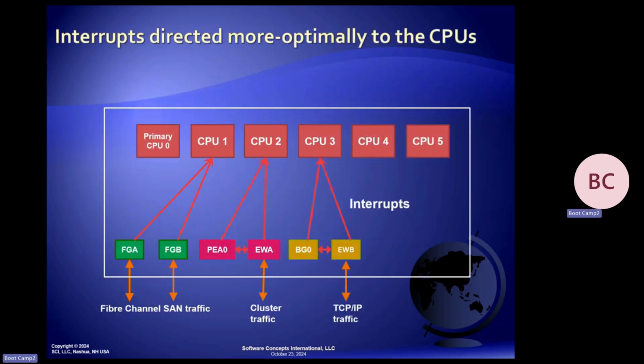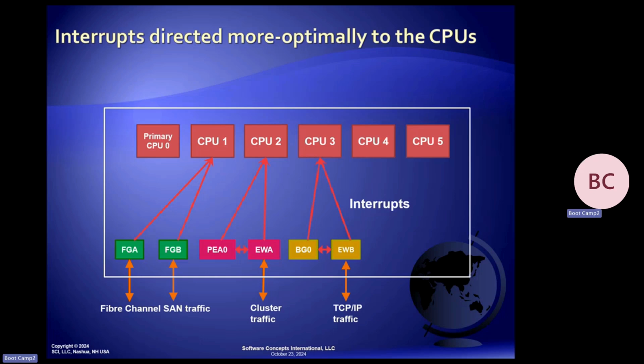All right, so here's an example of where we're directing things a little more optimally. We've got our Fibre Channel SAN traffic going into a couple of HBAs, and we assign those to the same CPU. Here we've got the PE driver, which is talking to some number of NICs, cluster traffic, on the same CPU.